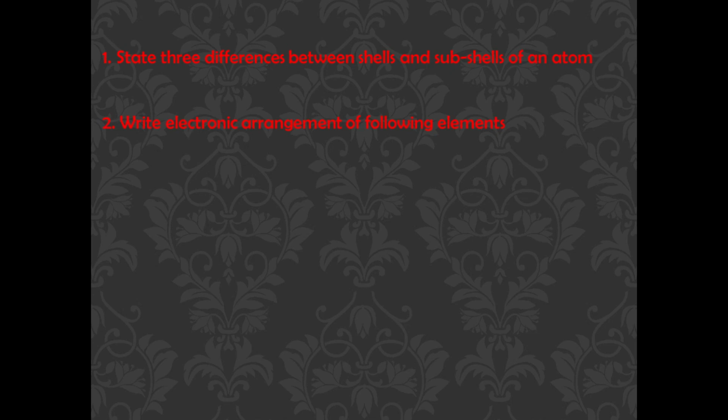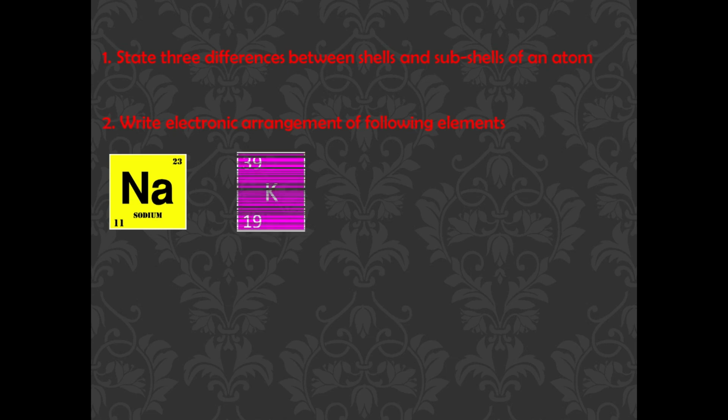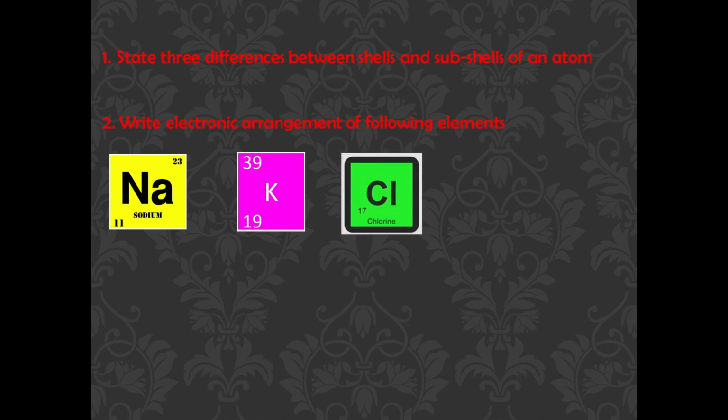For these elements you have to write electronic arrangement: sodium with 11 electrons, potassium with 19 electrons. Right now I have written electronic configuration SPDF for potassium, but now you have to write electronic arrangement KLM for potassium. Third element, chlorine with 17 electrons, and boron with 5 electrons. So for these 4 elements you have to write electronic arrangement.